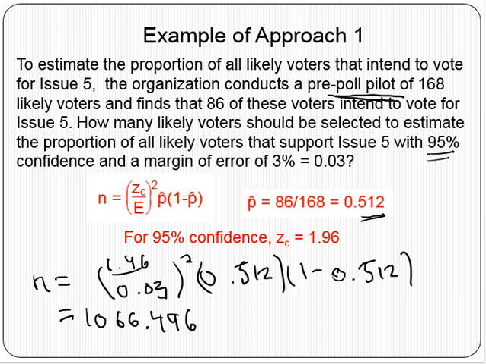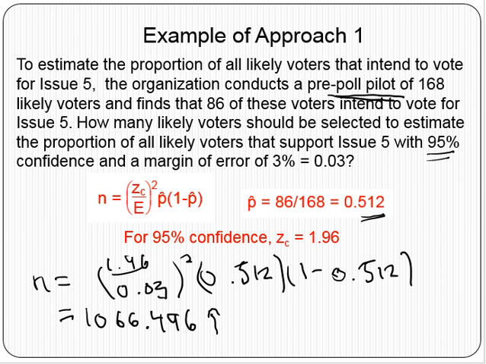Now, what does that say? We need 1,066.496 people in order to have a margin of error of 0.03. Now, you might say, I'm okay with 1,066. What do I do with that 0.496 of a person? When you're estimating sample size, you always round up.